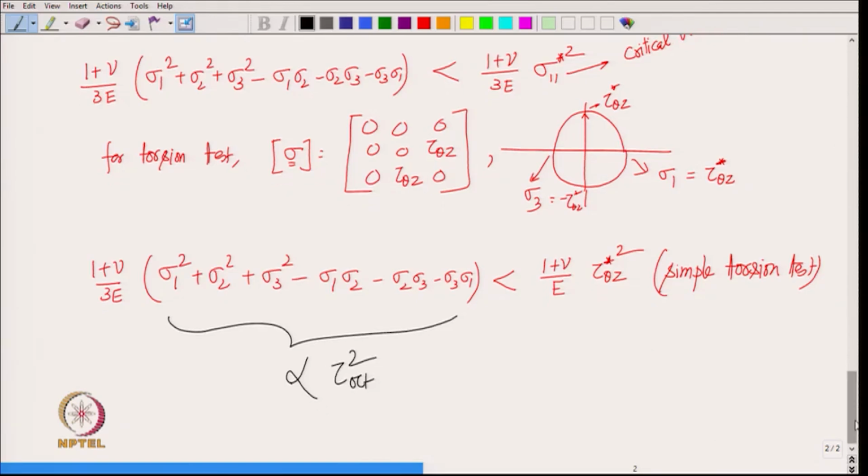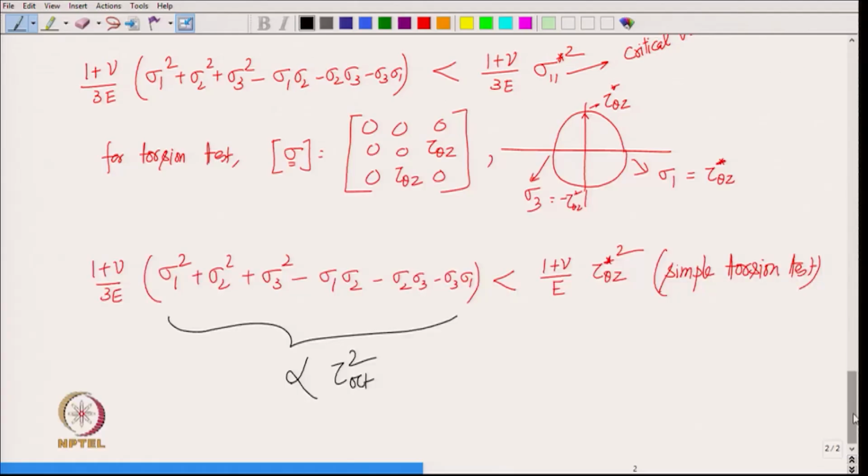Okay. So, that is why we say that the distortional energy theory and the octahedral shear stress theory are both related, because the expression is proportional to tau octahedral square. All right. So, this is all about the various theories of failure.